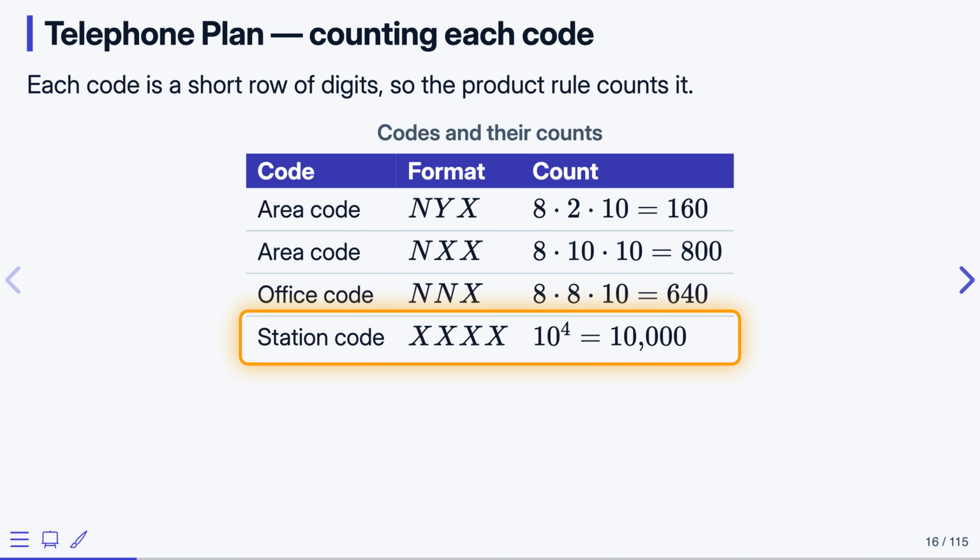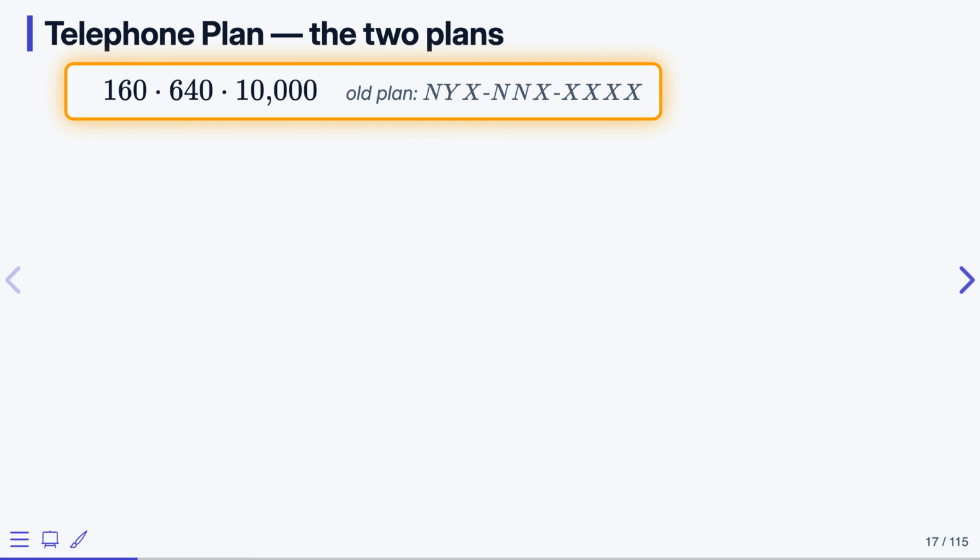Now we put the three codes of a number together. A phone number is an area code, then an office code, then a station code. 3 steps in a row, so we multiply the 3 counts. Line 1. The old plan. 160 area codes times 640 office codes times 10,000 station codes.